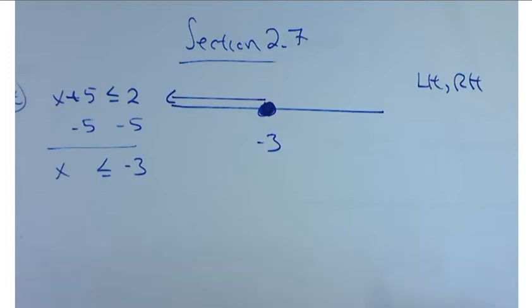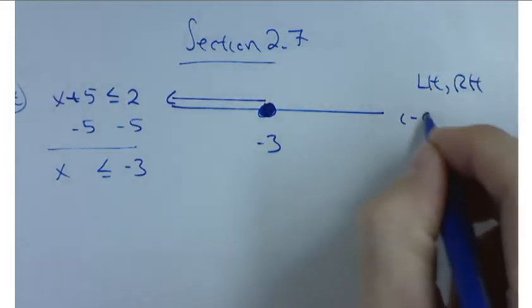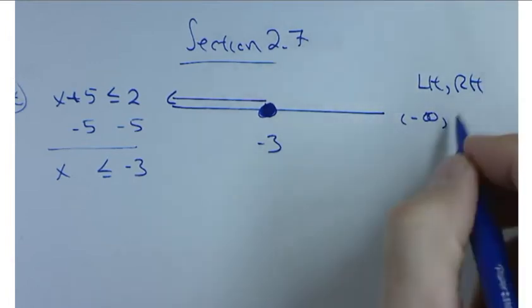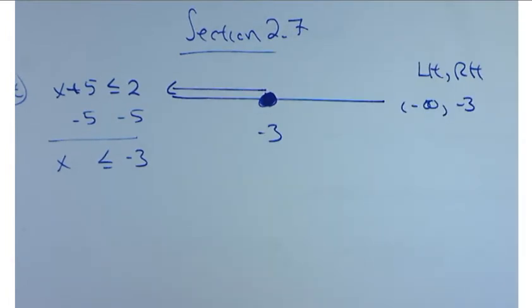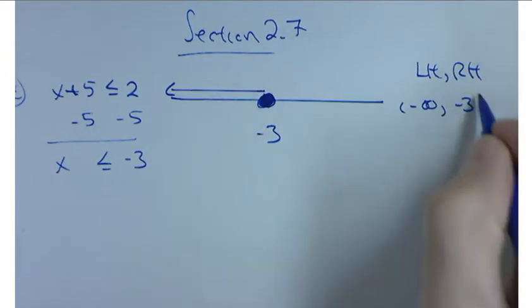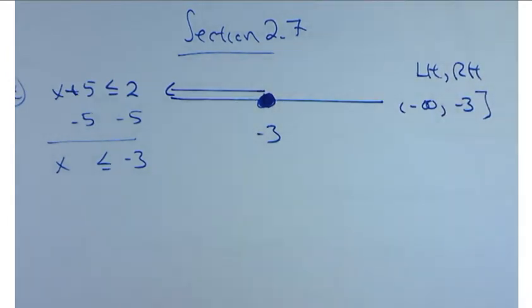So -infinity and positive infinity always get a parenthesis. What are we going to put next to the -3? Bracket. Good. Let's put a bracket next to -3 because we're including the -3.